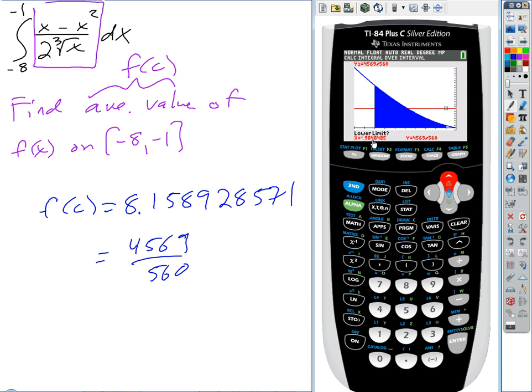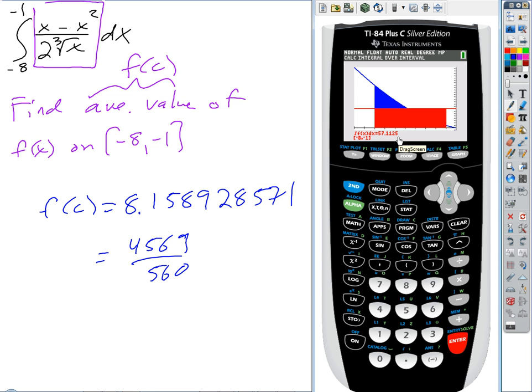So now I want the lower limit for the red curve. I'm gonna do the same thing: -8, enter, -1, enter, and look what it does. Is the red the same as the blue? Exactly. So the red's the same area as the blue, right? Notice we get the same value back.